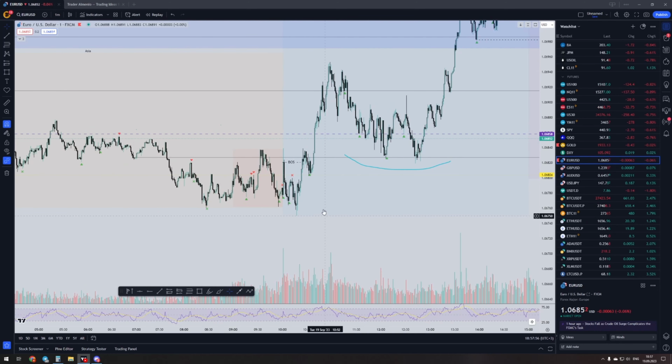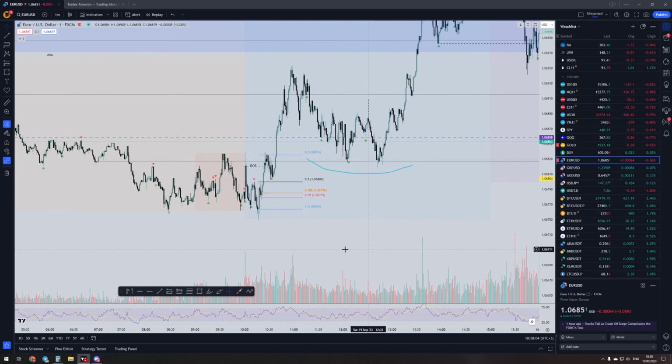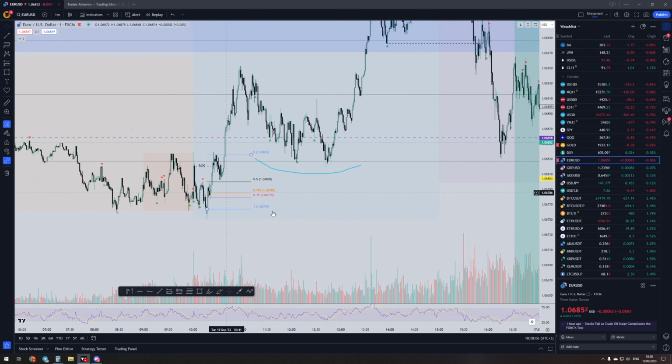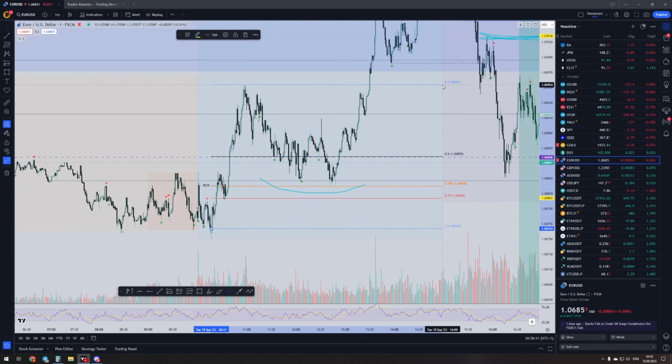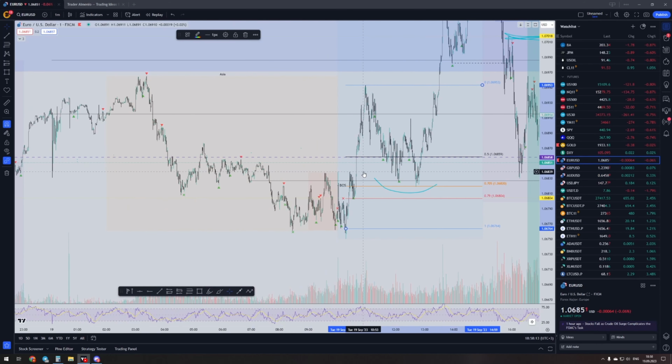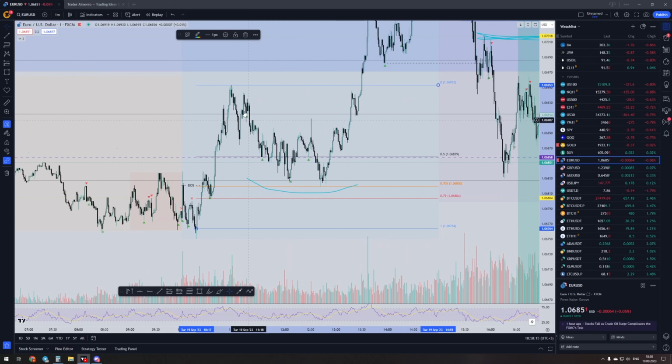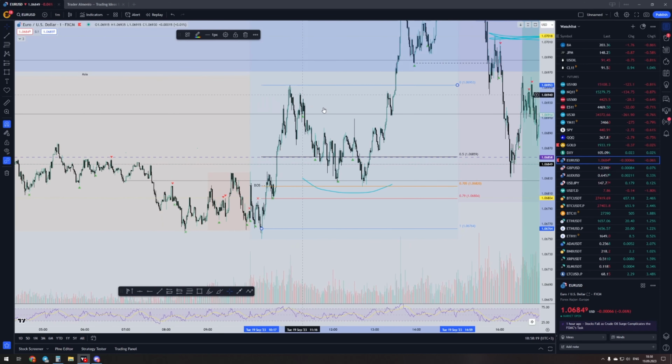We have a break of market structure. We tested. As you can see, we didn't test exactly 0.5 right here, but if we prolong it to this higher high, this happened in the discount market.